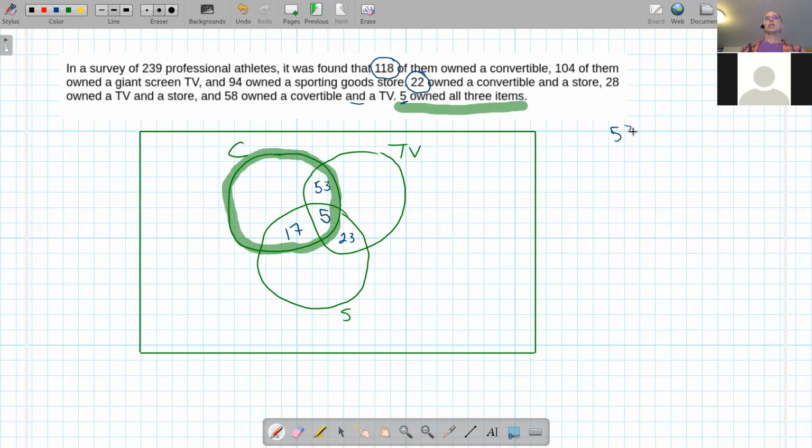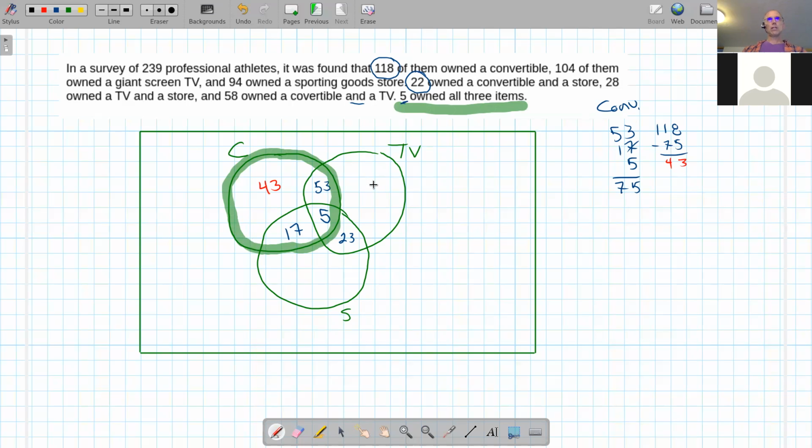So 53, so this is my convertible section. 17 and 5 gives me what? 3 and 7 is a 10 plus 5, 5, 6, 7, there's 75 there. So 118, take away 75. Let's see, 8 minus 5 is 3. 11 minus 7 is 4. Okay, so there must be 43 here. So I get the right total of 118.